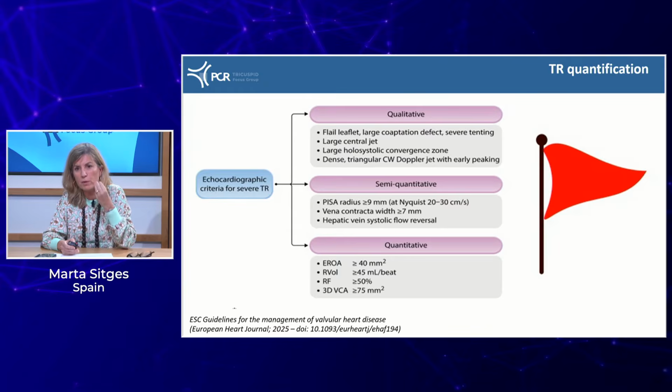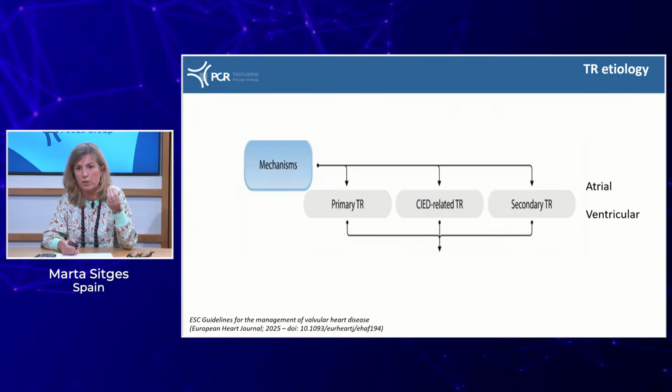So for tricuspid regurgitation quantification, very important, these guidelines include the criteria for defining severe tricuspid regurgitation. We are not going deep into them, but these are imaging red flags that we have to be aware of. And when we find this severity of tricuspid regurgitation, we send the patients to these heart valve centers.